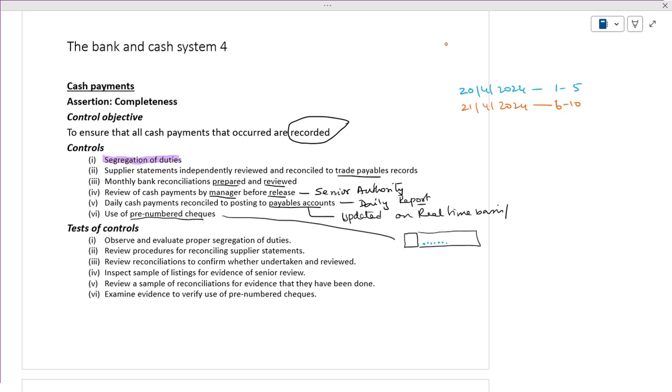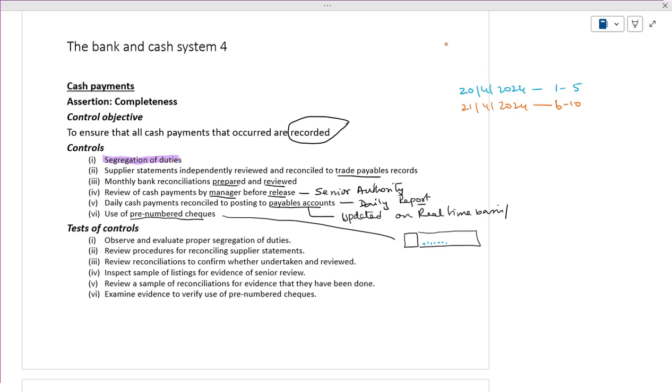But even with pre-numbering, with collusion, we can't prevent fraud 100%. I mean, the person issuing the check and the person getting approval for issuing the check. Even with collusion, we cannot prevent fraud. Don't expect that we will have 100%. 100% is impossible.